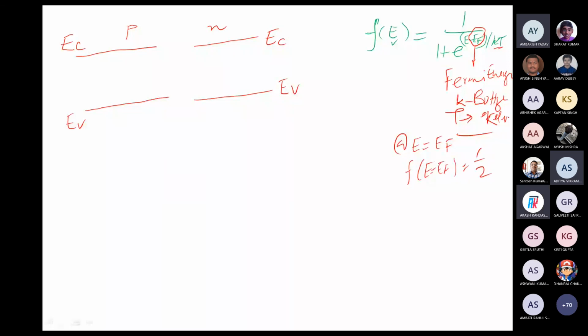So this states that the Fermi energy is that energy at which the probability of finding an electron is half.